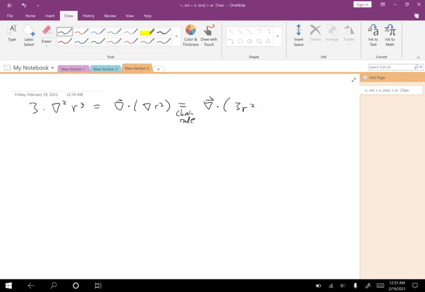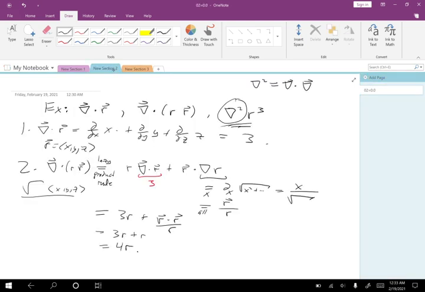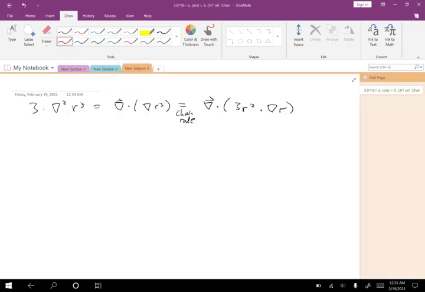That's the derivative. Now we take the chain, gradient r. And we actually did the gradient of r back here. So these calculations are kind of stacking on themselves. We know it's just something with 0 dimensions, r divided by r. So it's the divergence of 3r squared, r over r.